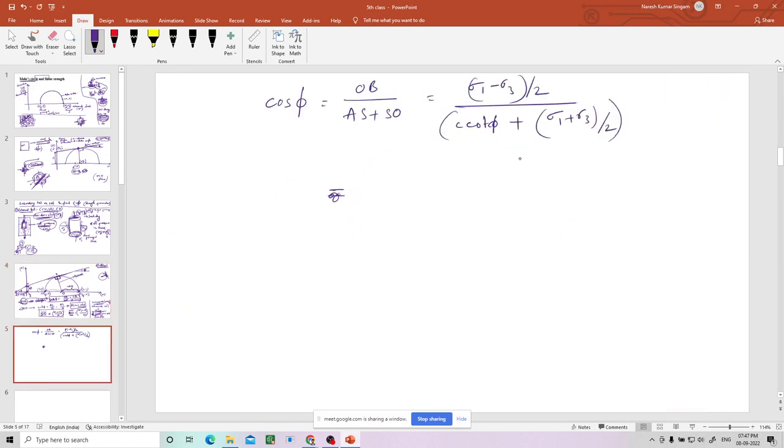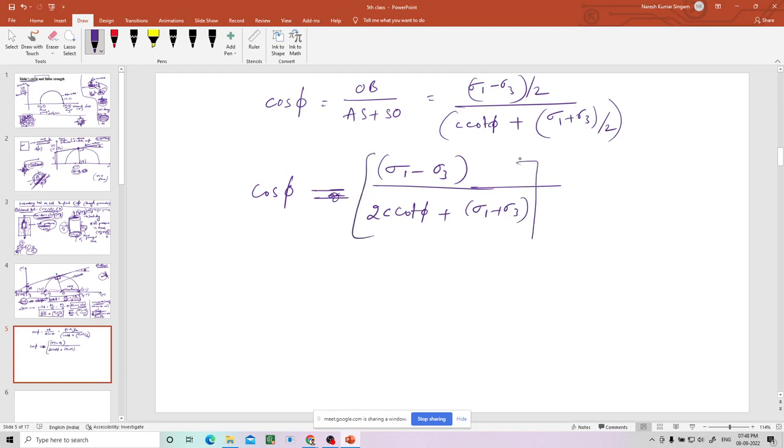Now what I want to do: sin phi equal to sigma 1 minus sigma 3. I'll take this 2 down and multiply with these terms, then 2c cot phi plus sigma 1 plus sigma 3 is left, right?